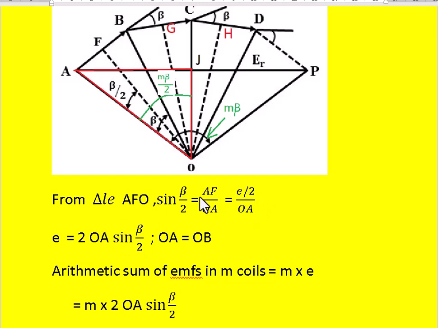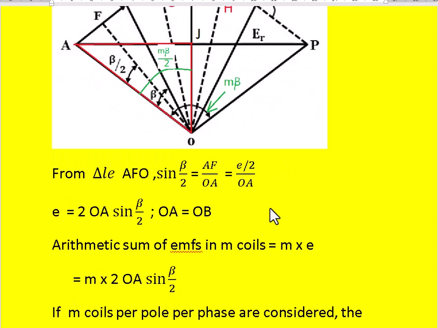So AF is AB by 2, and we get E by 2. From this, E can be calculated in terms of beta and OA as 2 into OA sin beta by 2. And OA is equal to OB is equal to OC is equal to OD is equal to OP like that. We can use this for calculating the arithmetic sum of voltages in the m coils.